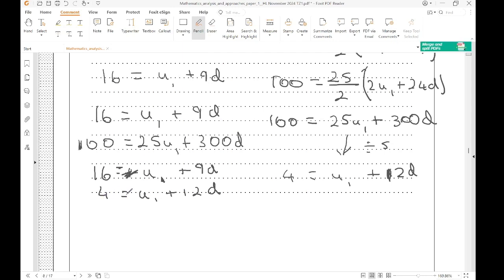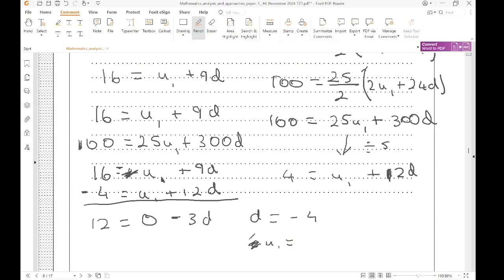So now let's try to solve. If we subtract these by doing simultaneous equations, we should get 12 is equal to, this cancels out to be 0, minus 3d. So d is equal to negative 4. If you plug d back into the equation, you should get u1 as 52. 52 is our u1 value.